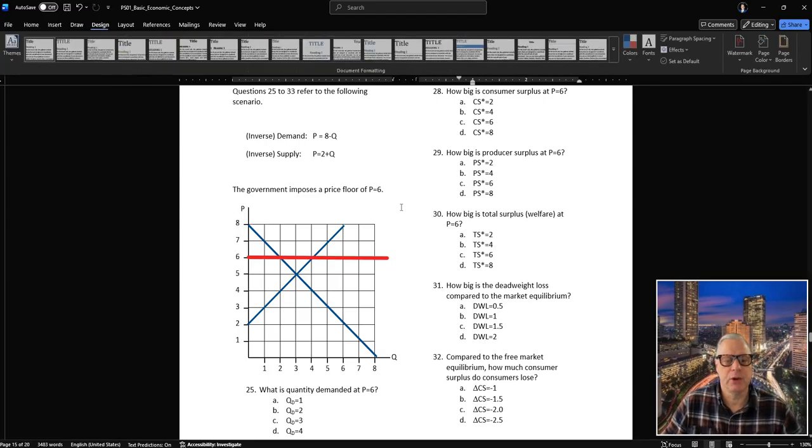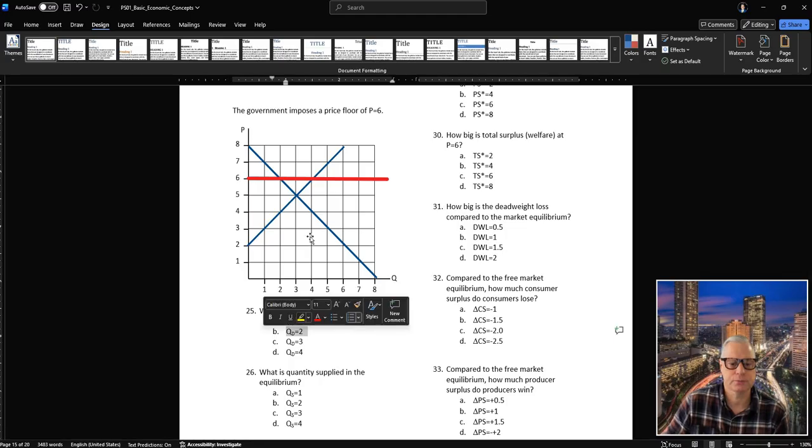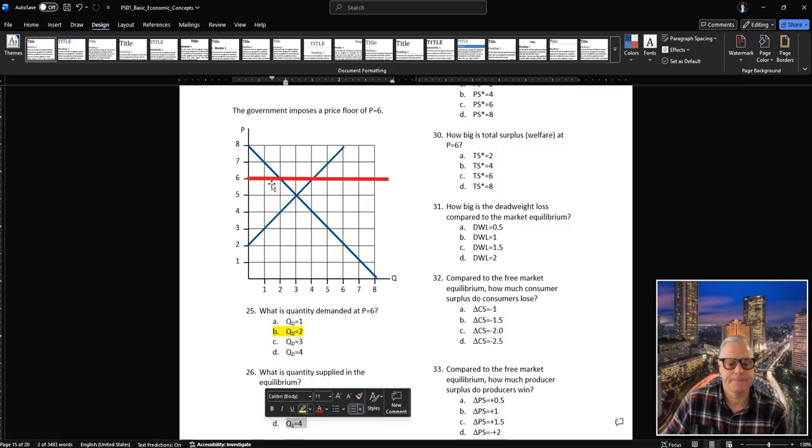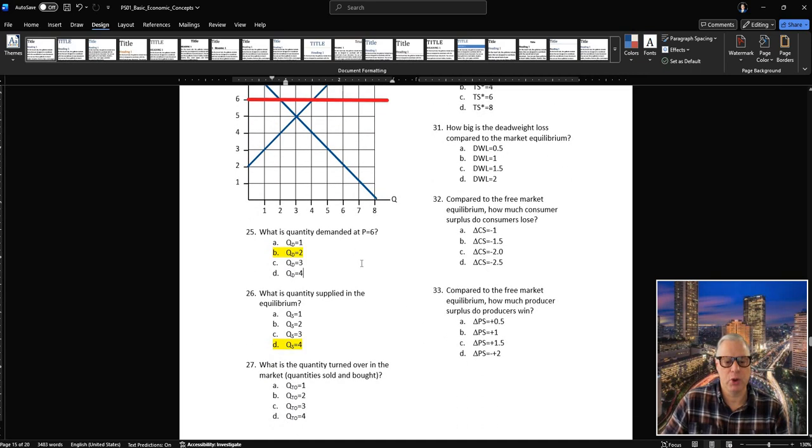So now what's the quantity demanded at a price of 6? Well, at the price of 6, quantity demanded is only 2. But the quantity supplied is 4. So we have excess supply. If that were a labor market, we would call that excess supply unemployment.